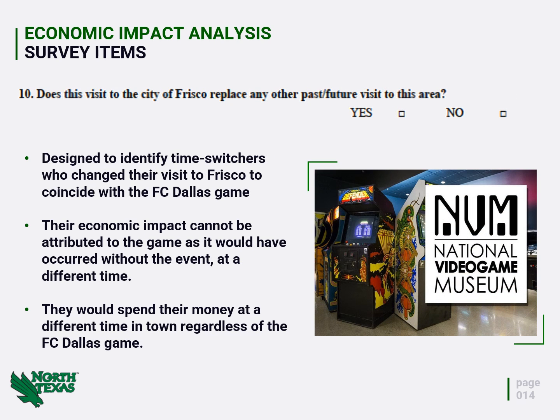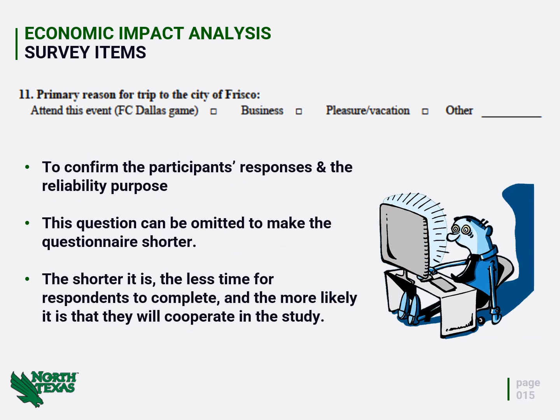Question 10 is designed to identify time switchers who change their visit to Frisco to coincide with the FC Dallas game. If respondents answer yes, they also must be excluded from the data analysis. Finally, question 11 is used to confirm the respondents' answers and for reliability purposes.